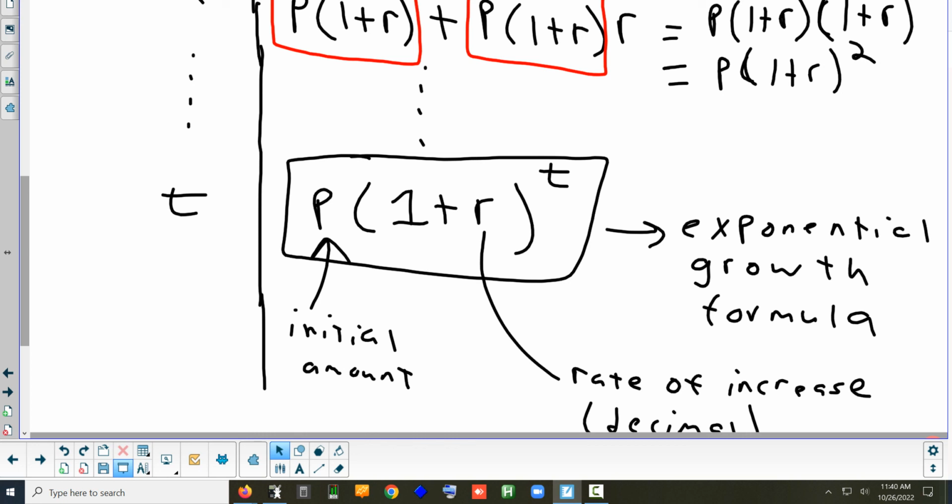That could be the amount of bacteria in a dish, or the number of people at the beginning of a city, but P is an initial amount. R is the rate of increase as a decimal. So if we're talking about a 12% increase every year, we need 0.12. Don't put in 12, that would be 120%. And t is the amount of time that has gone by.